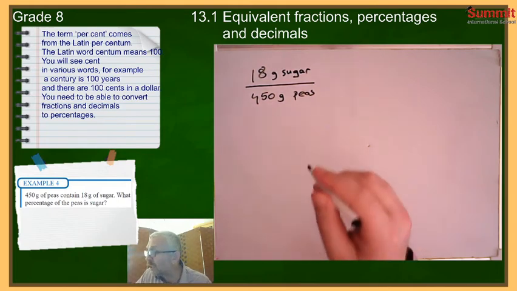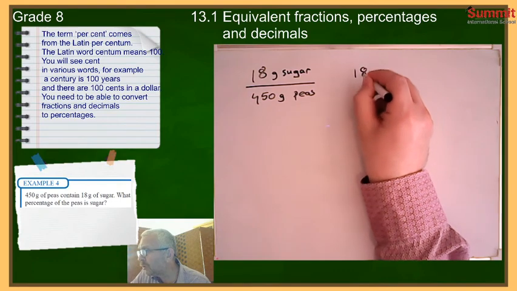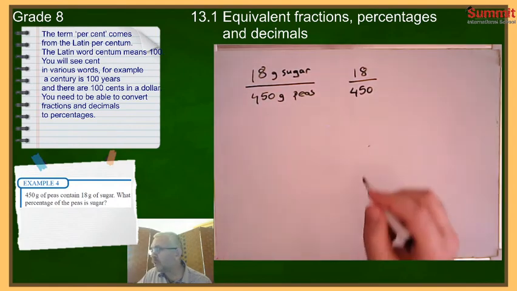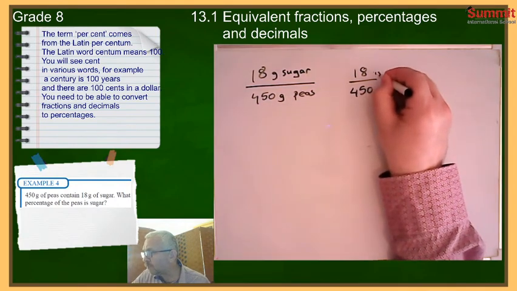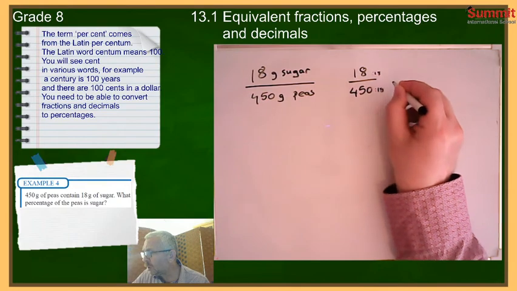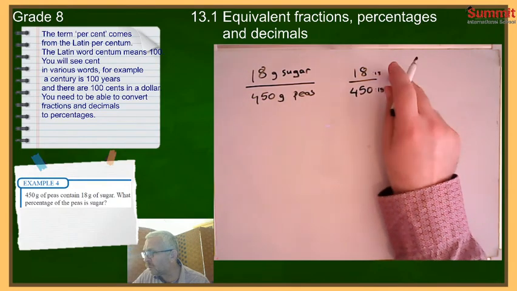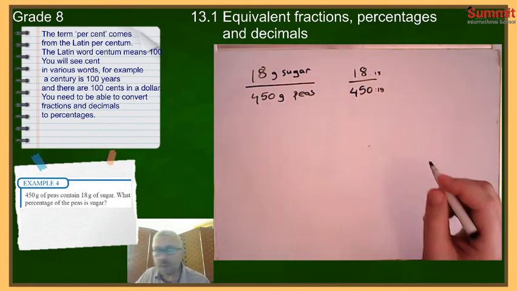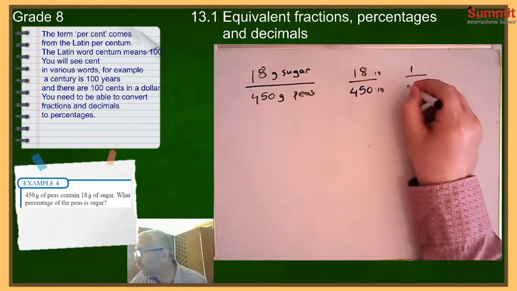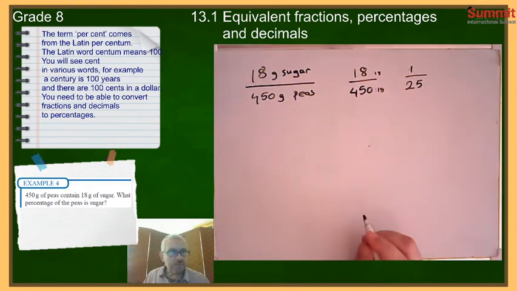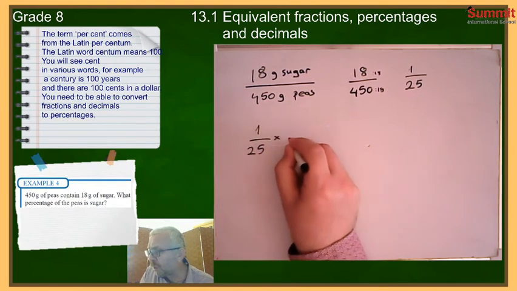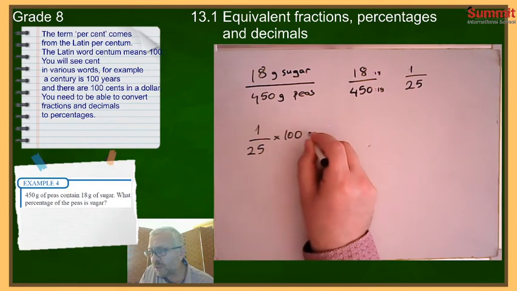Let's try to simplify this fraction. Here we can do simplification by 18 and here by 18. The result will be 1 over 25. To get this as a percentage, 1 over 25, we multiply by 100.